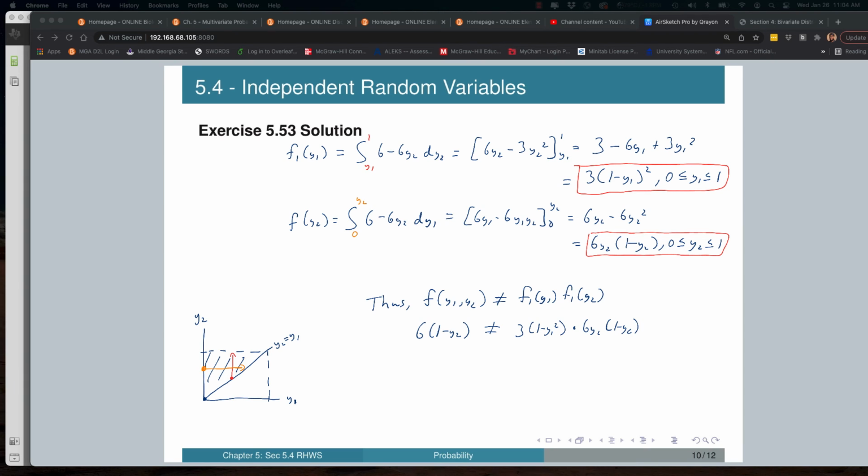There's no way that's going to multiply together, and I wouldn't even clean that up. To be honest with you, it's pretty obvious those aren't going to be the same at all. So obviously the random variables y sub 1 and y sub 2 are dependent, and we've shown it.